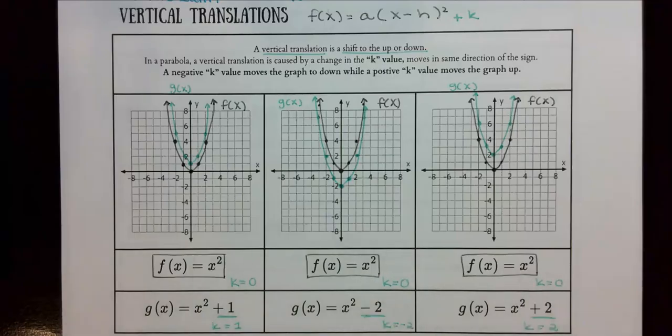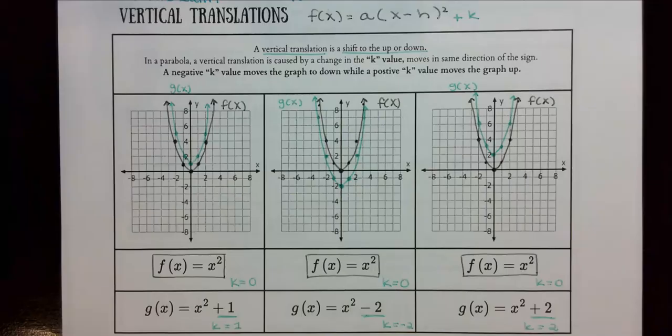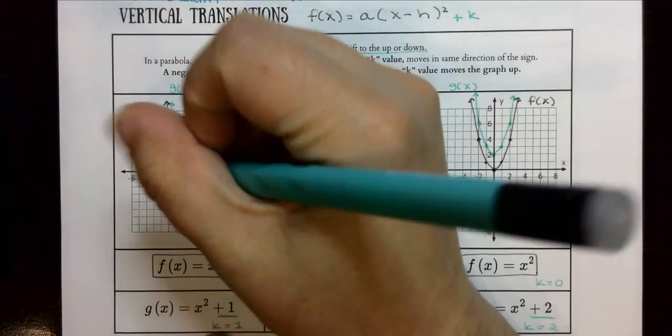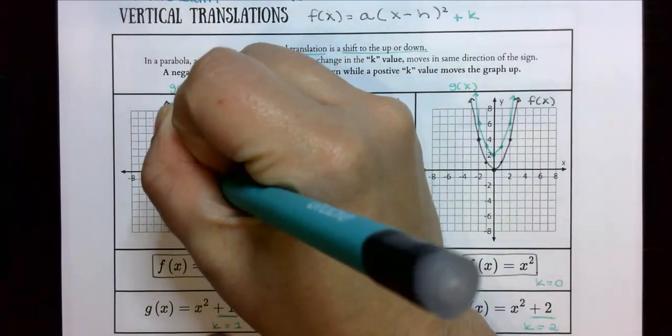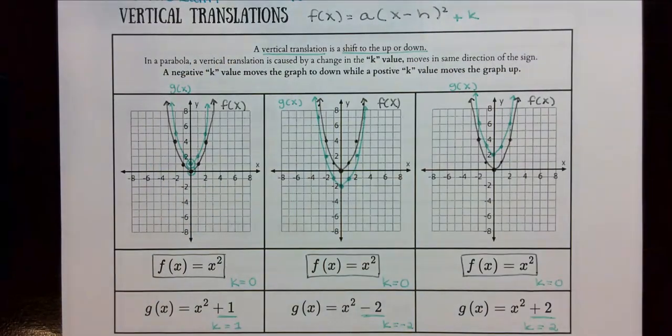Now if I look at g of x, I do have this plus 1 at the end, so notice that I'm saying k is equal to 1. Because it's a positive 1, we can look at the graph and compare the vertex. The vertex is going to be your point of reference. So here's my original, and here's my new one. And if you look closely at that, you can see that the new vertex has been moved up 1 unit. So we're going to write that in.